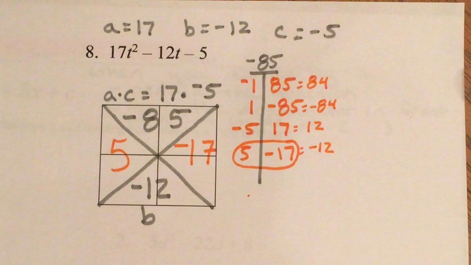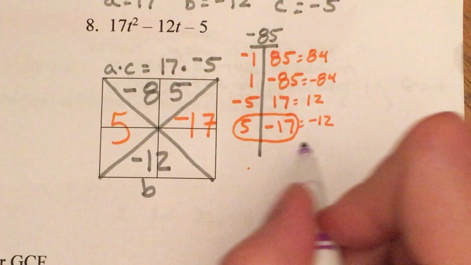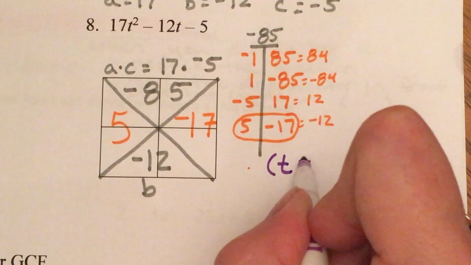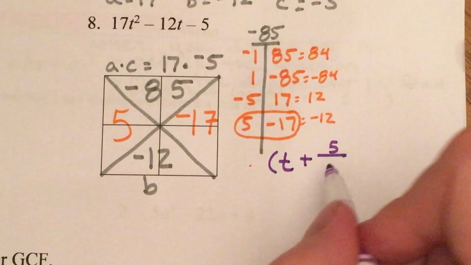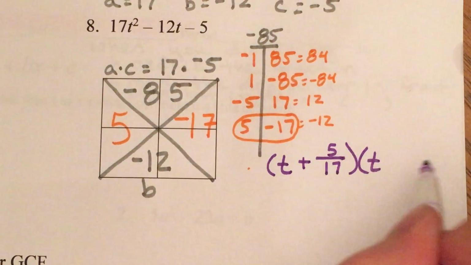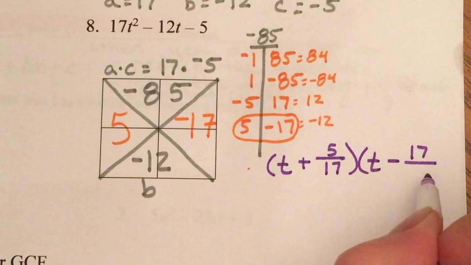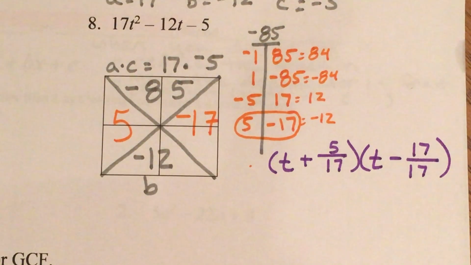Okay, we're ready to build our binomials. T plus 5 over A. What's A? That's right, 17. And T minus 17 over 17. Great. You got your wings.